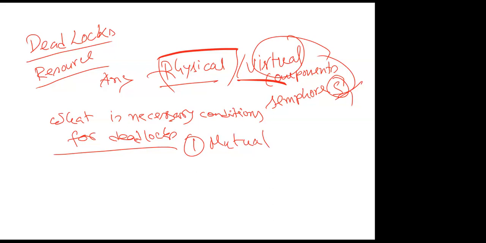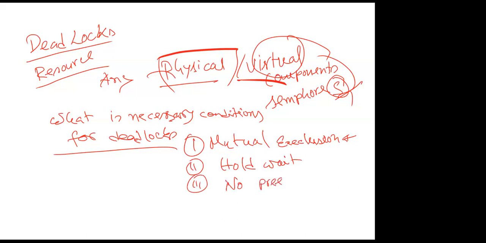One is mutual exclusion. Another is hold and wait. The third is no preemption of resources, and I'll explain them one by one. And the fourth one is circular wait.